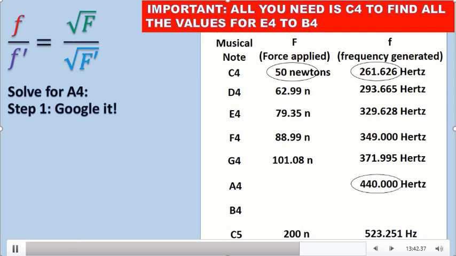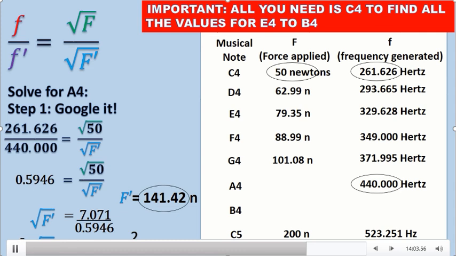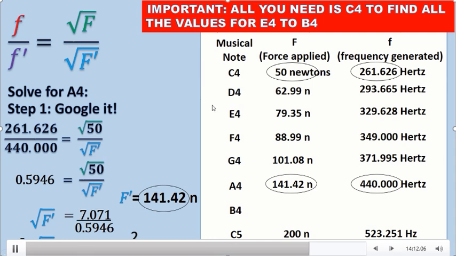Same process goes with A4, giving us 141.42 newtons. Same process goes with B4.